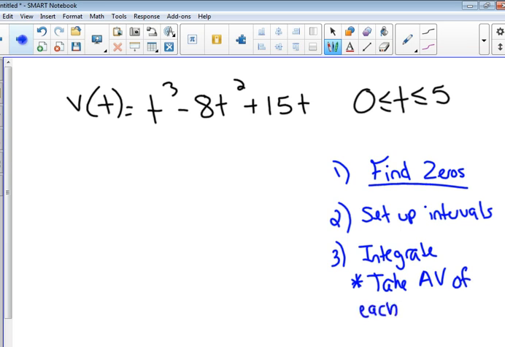First thing you guys do is make sure you find your zero, because then it's going to tell where your curve is going to be straight or changing from negative to positive.